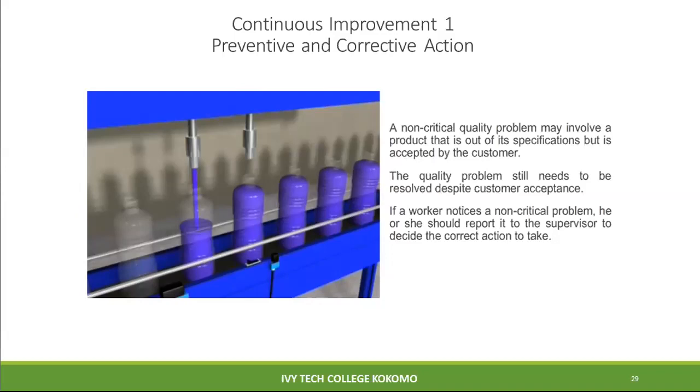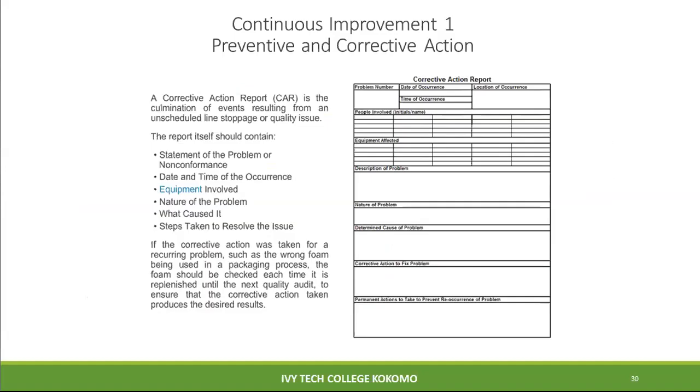Lots of times non-critical problems are reported and you decide whether or not you want to take action. Lots of times they'll wait and do their action after a certain amount of time when there's a shutdown or something, when there's time to fix it. Regardless, you need to fill out a corrective action report.